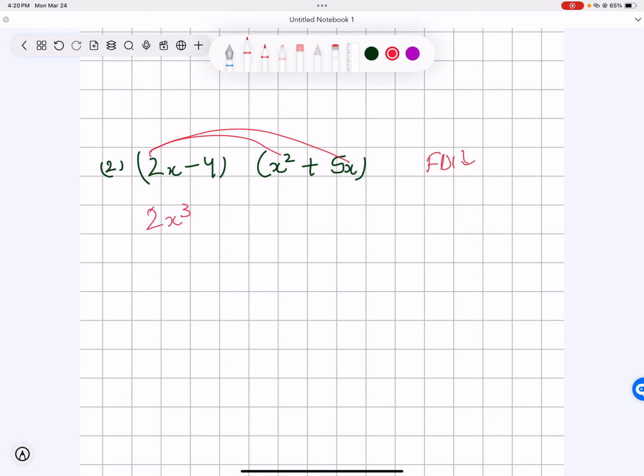And then 2x times 5 is 10x. And then I'm going to multiply the minus 4 by this and then this. So minus 4 times x squared is minus 4x squared, and then 4 times 5 is 20.